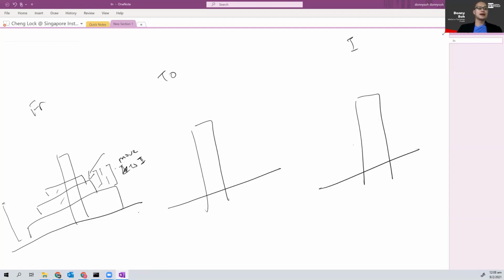At height minus 1, we know now that the target initially was at this pole. But to move it to this pole, our target now changes again to this pole over here.